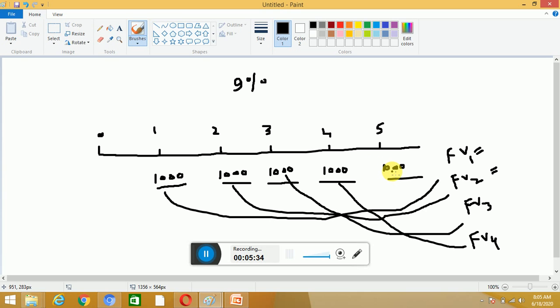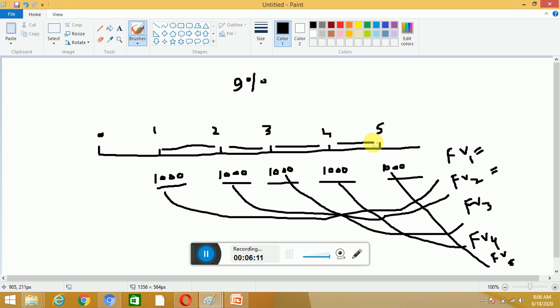And for this we will calculate future value, the value at the end of the 5th year, so it will be future value number 5. Now see, this 1000 we deposit here, so on this 1000 we will get 9% interest here, 9% here, 9% here, and 9% interest here.